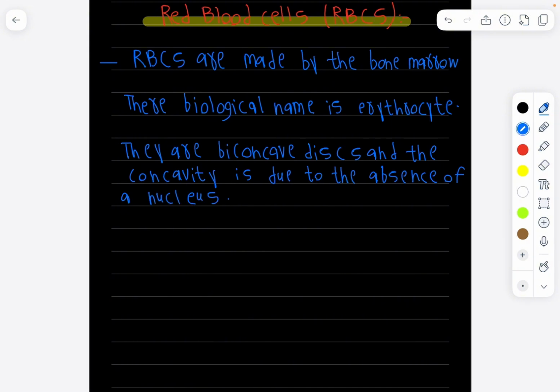These cells also lack mitochondria. So as I have told you, the red blood cells do not have mitochondria as well. As they do not have a nucleus, they also do not have mitochondria.